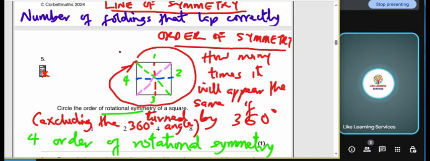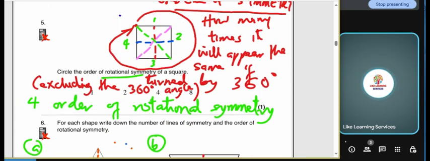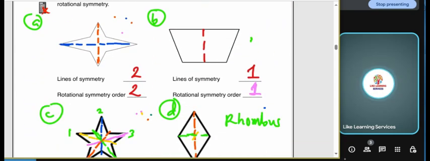It must lap correctly. For instance, we already said this has 4 lines of symmetry and also 4 order of rotational symmetry because it's a square. You can fold it in 4 different places and it will lap. You also rotate it 4 times, 360 degrees, it will appear the same in 4 different places.